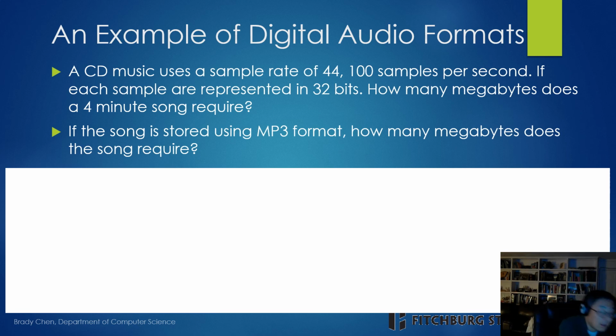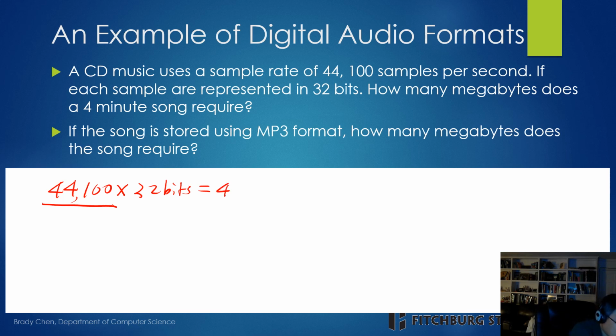So the sample rate is 44,100, right? That's just for 1 second. So that's the number of samples in a second. Now, each sample requires 32 bits, right? We can convert 32 bits into bytes because 1 byte equals 8 bits.